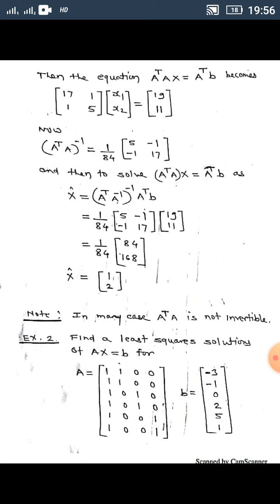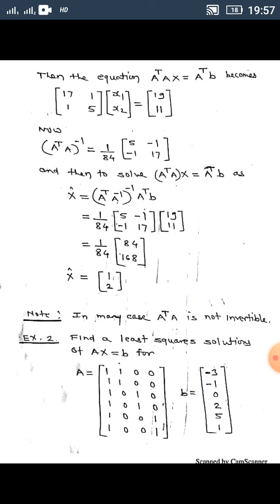Now we divide by 84, because 1 upon 84 is there. 84 upon 84 is 1 and 168 upon 84 is 2. So the x vector we got is 1, 2, a column vector of 2 rows and 1 column.